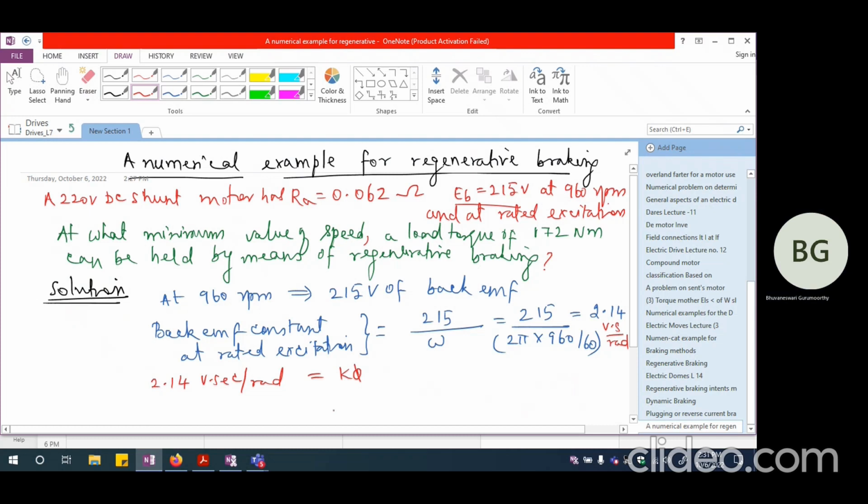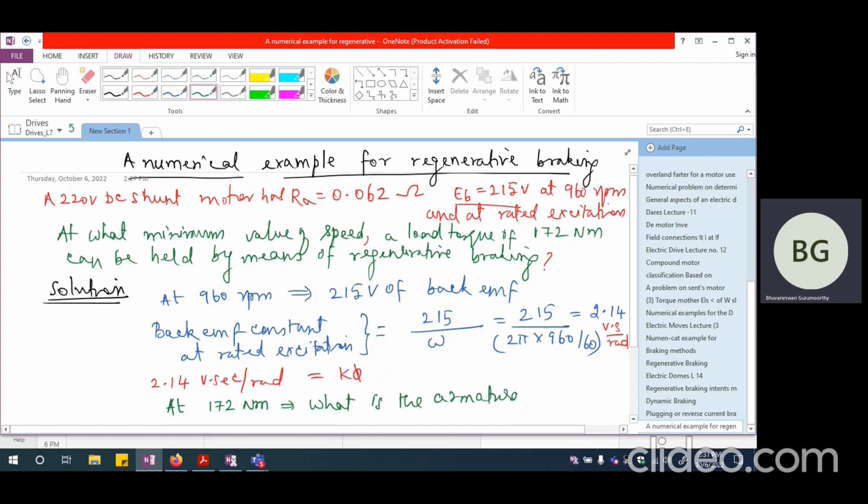Okay. So I should be able to calculate, if I have to develop a torque of 172 Newton meter to hold a load at certain height or something like that, what is the armature current value? I know that K5 IA is the torque.